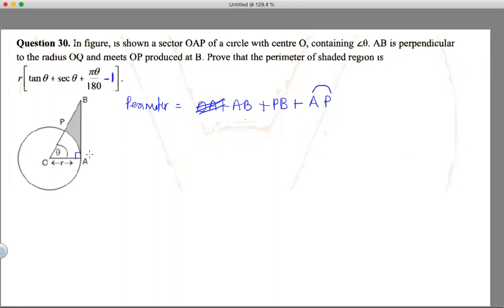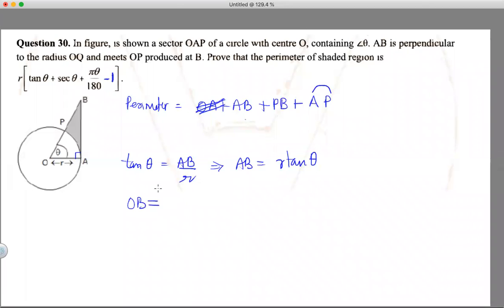Okay, so what is AB? So AB we can write as tan theta equals AB upon R. So AB is equal to R tan theta. Okay, this is one we got. Now let's find PB. We can't find PB directly, let's first find OB.